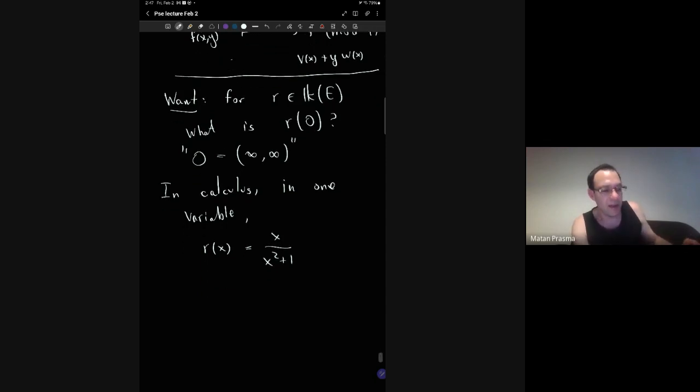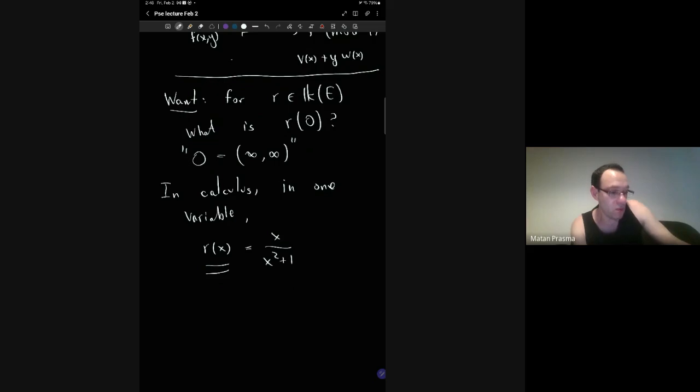But in calculus, what you do is you look at the value of the function at a sequence of finite numbers that tends to infinity, a sequence of numbers whose limit is infinity. And then you define R at infinity as the limit of the values of the function on this sequence of finite numbers.